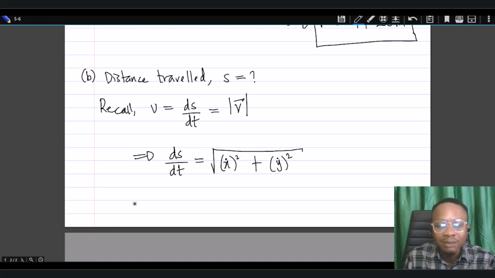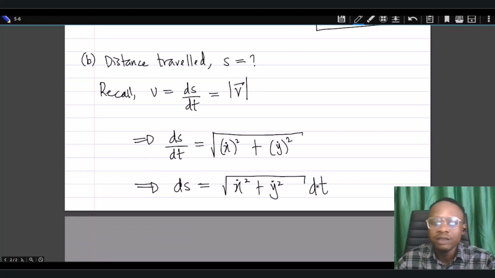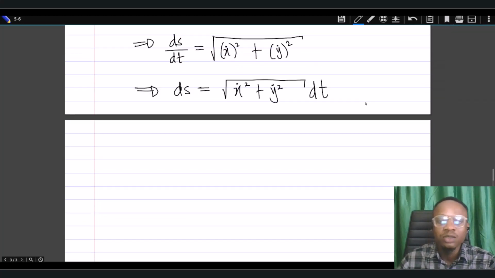So from this we can see that our ds, which is the differential change in the distance, will be equal to the square root of x dot squared plus y dot squared, multiplying dt when we cross multiply. So by this, we can obtain the distance traveled between two intervals if we integrate this with respect to time. We integrate both sides.